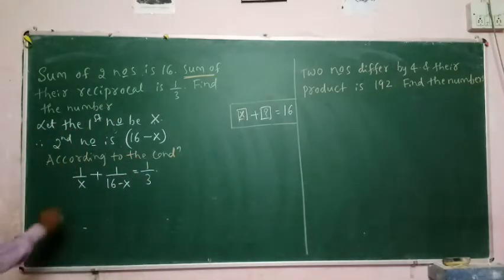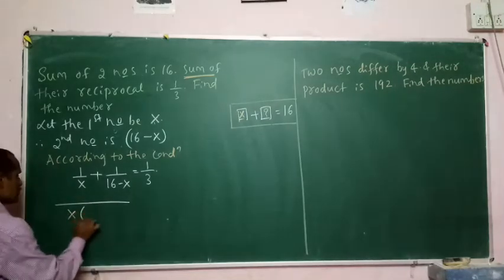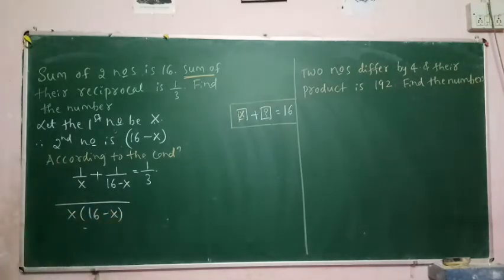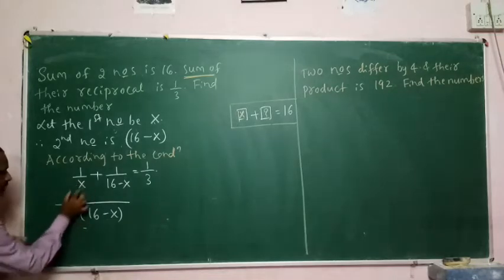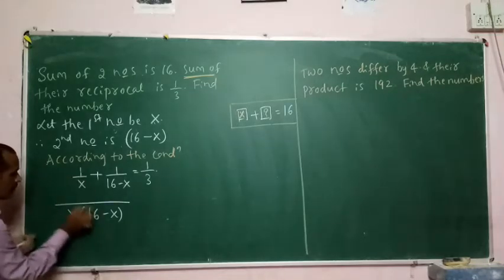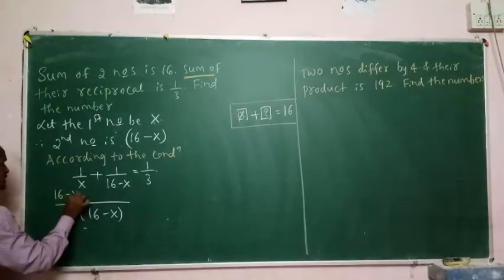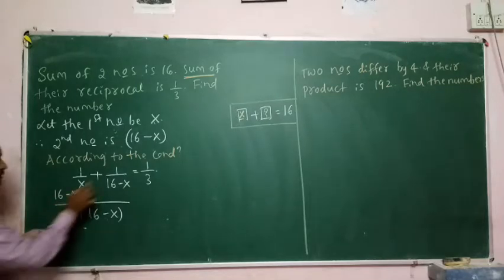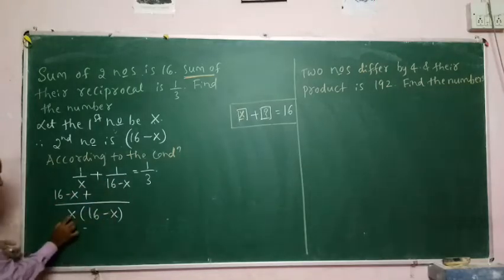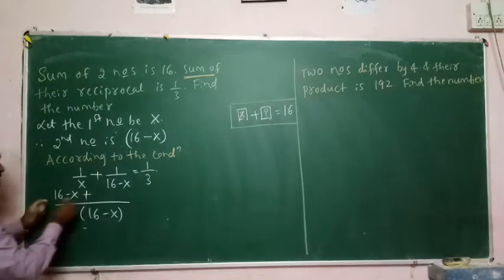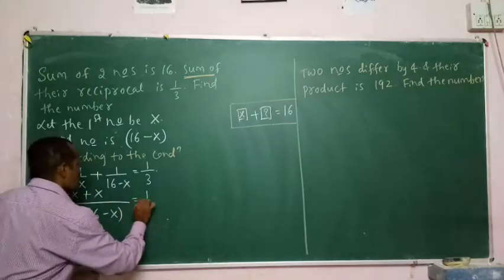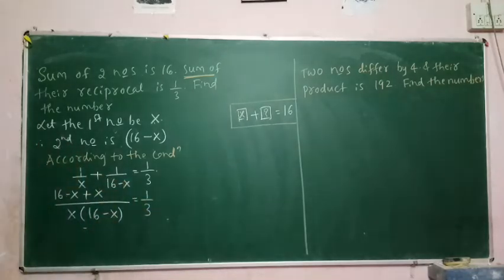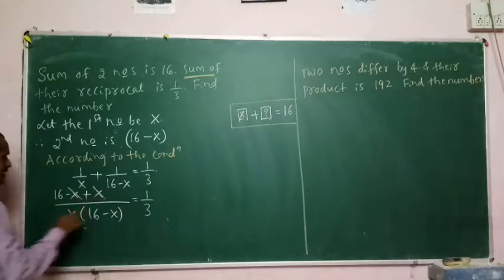Come on, solve it. X into 16 minus x is the LCM. These two are same. 1 into this number, that is 16 minus x, plus, these two are same, with this you multiply. 1 into x is x, is equals to 1 by 3. Okay? X gets cancelled.